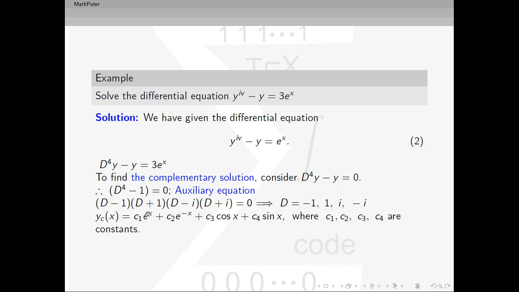Okay, please keep in mind we have four functions: e raised to x, e raised to minus x, cos x and sin x. Now let us go for the particular integral. The same method we have. Yp(x) is c into e raised to x as the solution of the given differential equation. Here the right hand side is 3 into e raised to x.